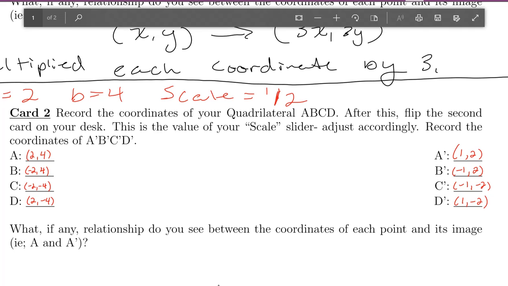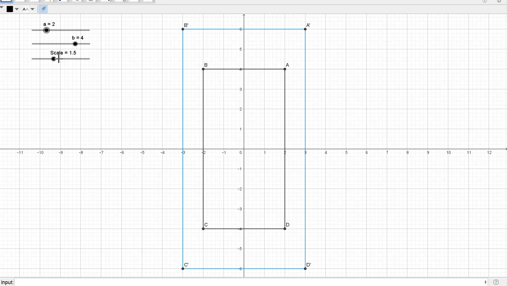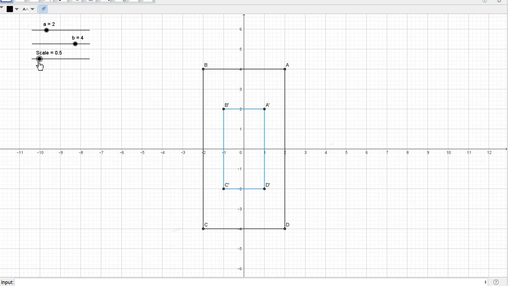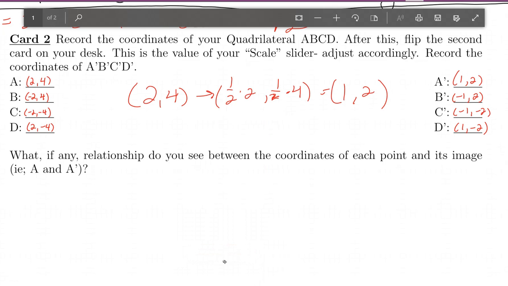And if you don't see where we got that from, we took a value like 2, 4 and made it 1/2 times 2, 1/2 times 4, which gives us 1, 2. So, if our scale is now 1/2, the new values are 1, 2, negative 1, 2, negative 1, negative 2, and 1, negative 2, which matches our worksheet exactly.